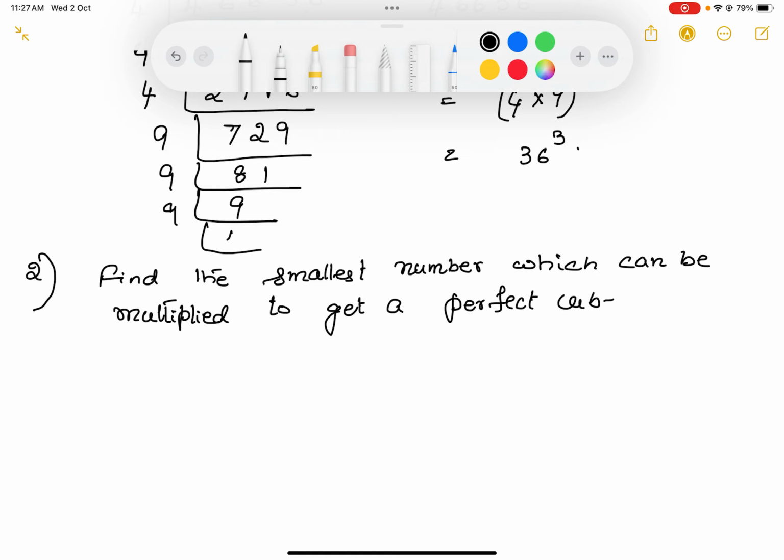So now let us start with the problem. The first one in the second question is 243.